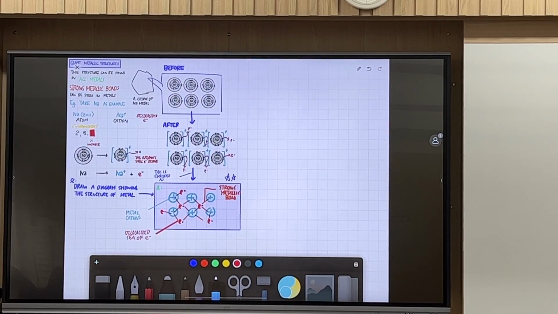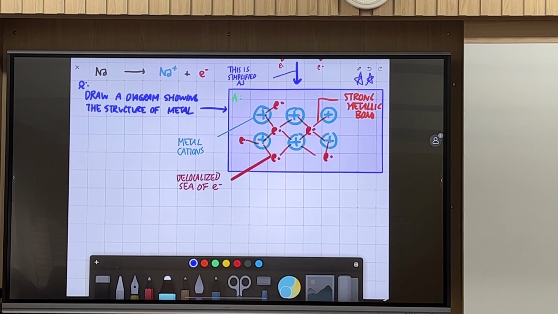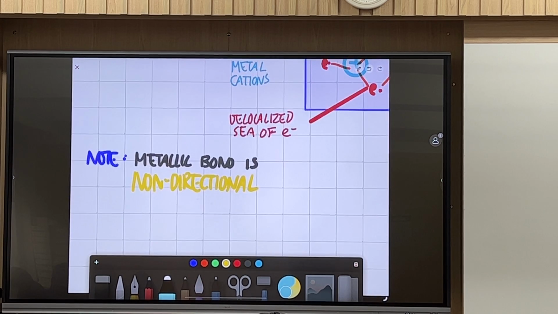Right now we look at a very, very important feature next, and it is that metallic bond is non-directional. You need to understand the meaning of this term. So metallic bond is non-directional, meaning the attraction exists everywhere.